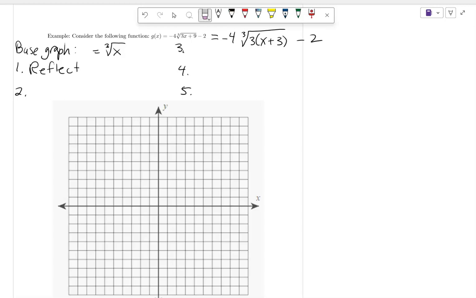So this is reflect about the x-axis. Then what does the 4 do here? That's a vertical stretch by a factor of 4, right? Good. We okay with those two?